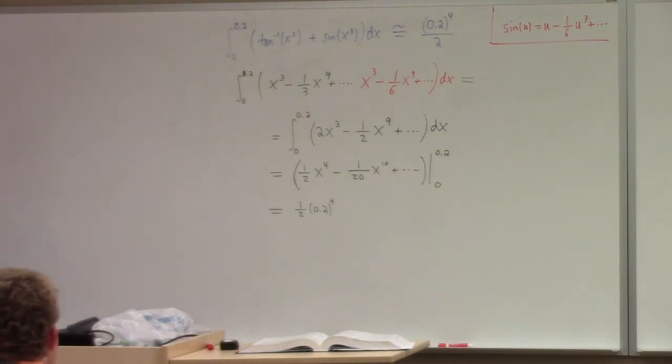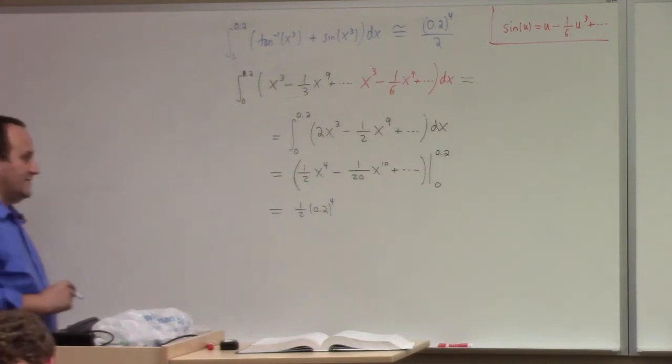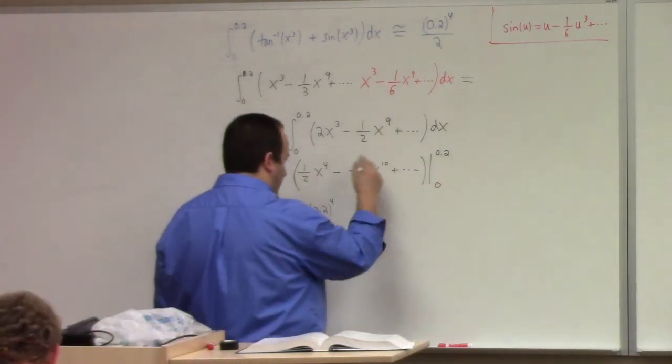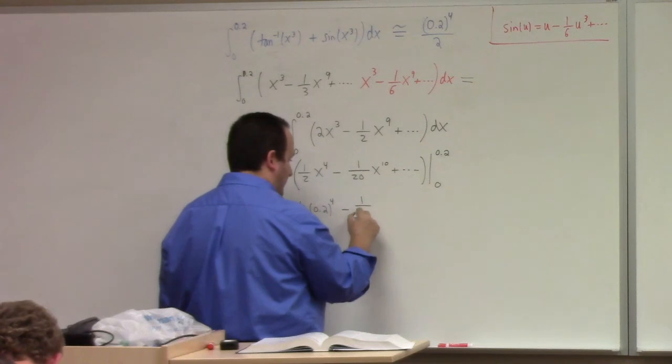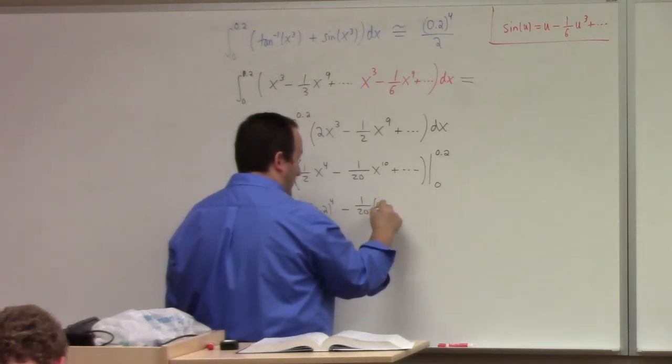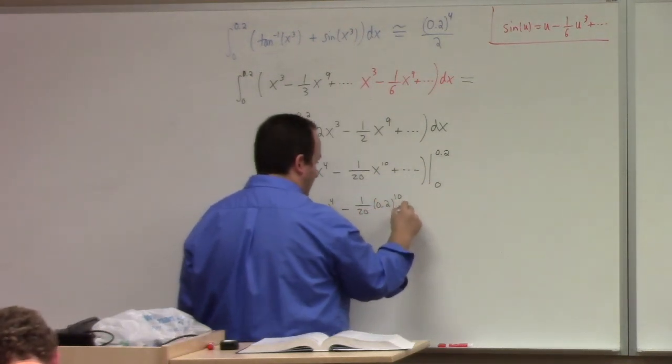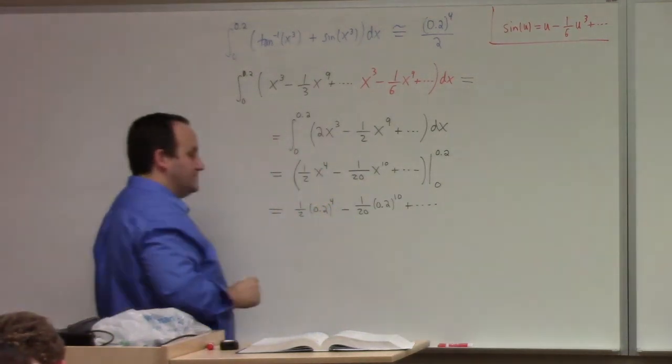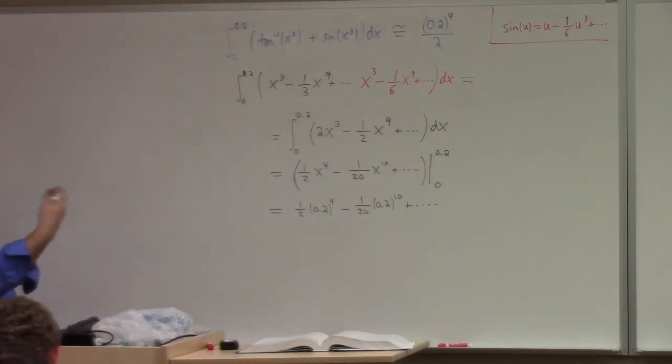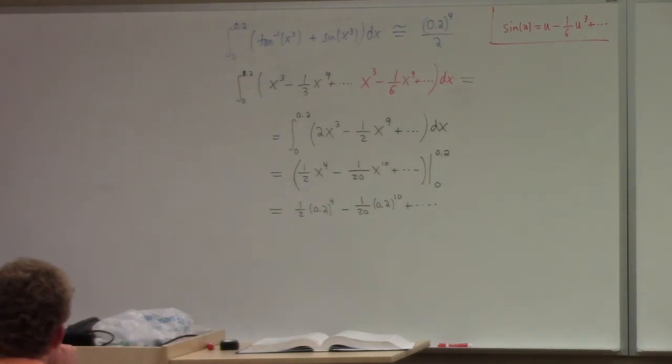Apparently I did know what I was doing when I made up this problem. Hooray. And then what's next is minus 1 over 20, 0.2 to the 10th power, and then plus stuff I don't care about. So when I write that the integral is equal to 0.2 to the 4th over 2, right? What am I neglecting? Everything in this alternating series past the first term.